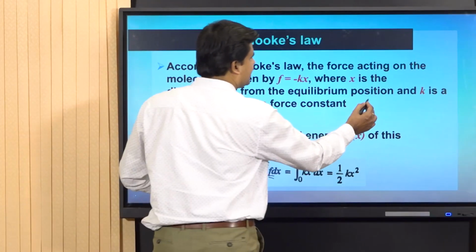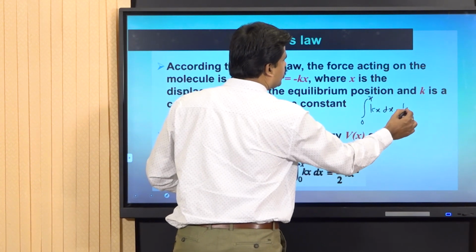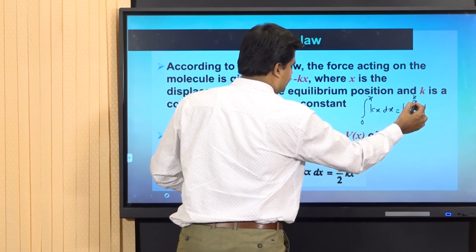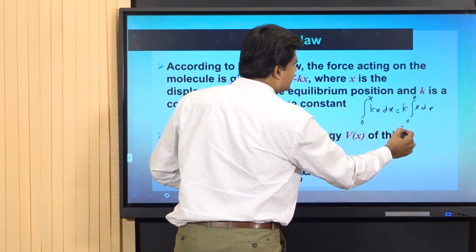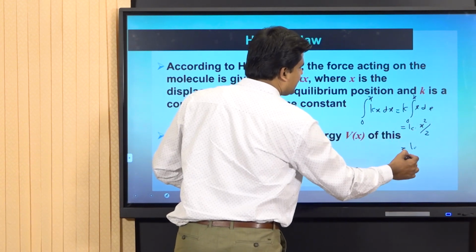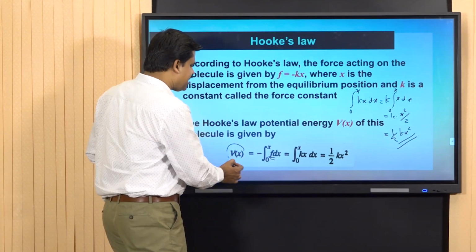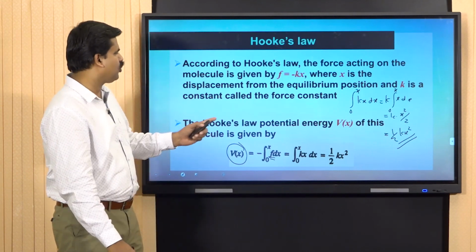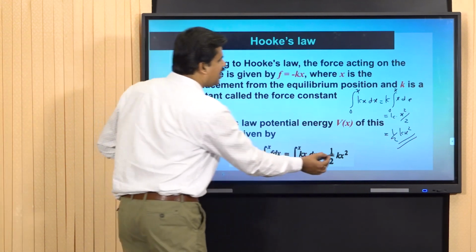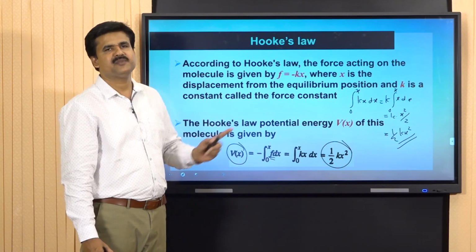And we know the integral 0 to x of Kx dx is equal to K into integral 0 to x of x dx, that is equal to K into x square by 2, or simply half Kx square. So, the potential energy V(x) of the system as per Hooke's law is equal to half Kx square. This we derived from Hooke's law.